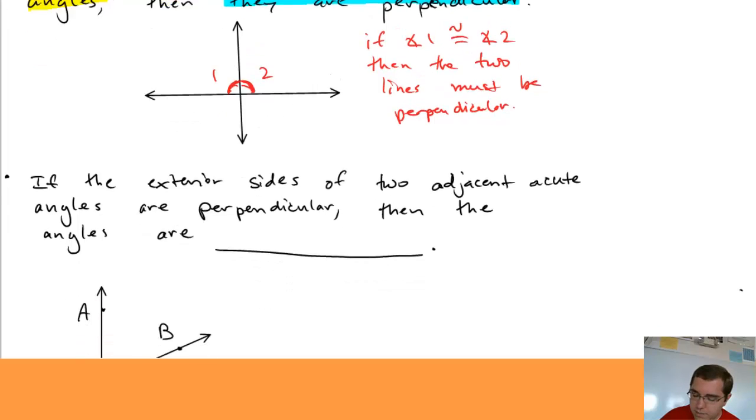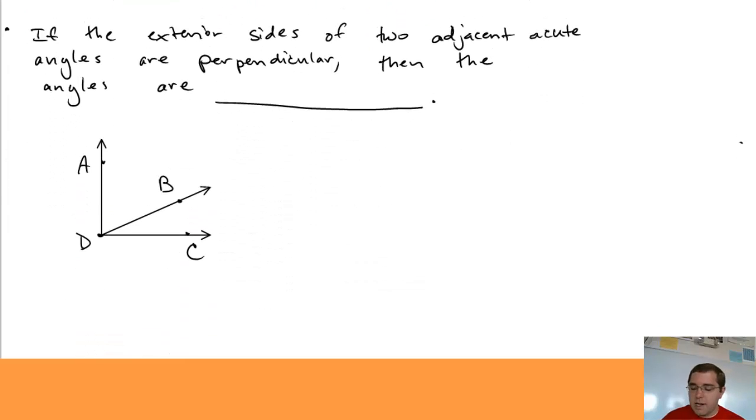And our last theorem, if the exterior sides of two adjacent acute angles, acute meaning they're less than 90 degrees, are perpendicular, then what has to be true about the angles? Let's look at this picture.